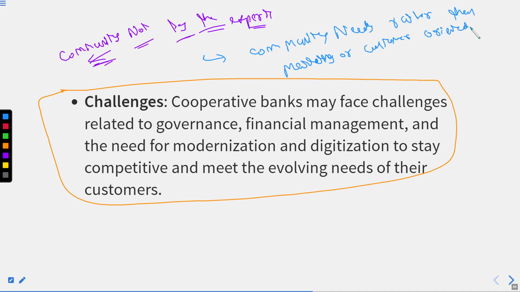Okay, that's why there might be a challenge with the governance, financial management, and the modernization and digitalization of the bank to stay in the competitive field and meet the evolving needs of their customers.